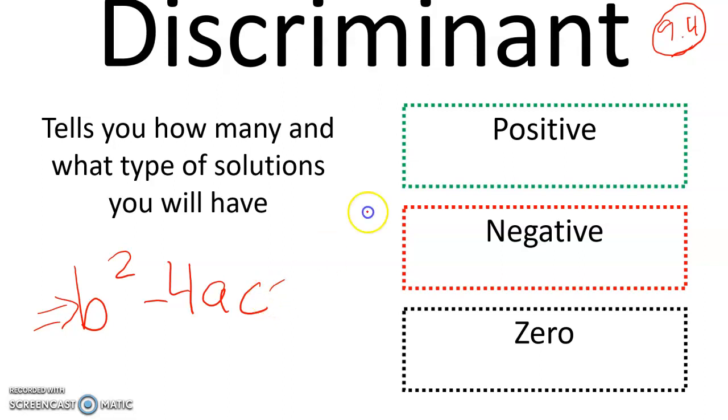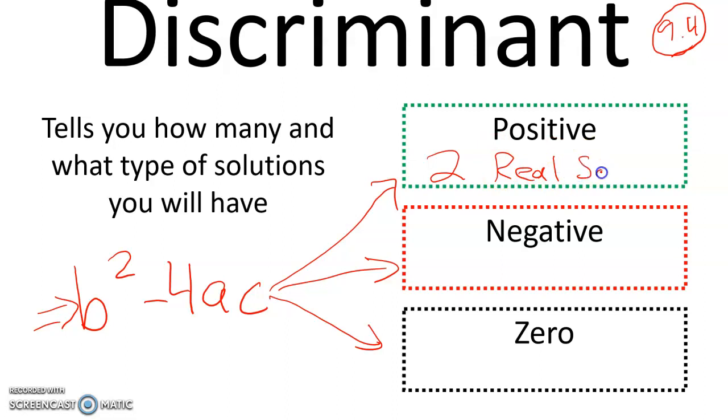Now, when you do the discriminant, you'll either have a positive number, a negative number, or you'll get 0, all right? If you get a positive number, that tells you that the equation you're working with will have 2 real solutions, all right? If you have a negative number, that means you'll have 0 real solutions.